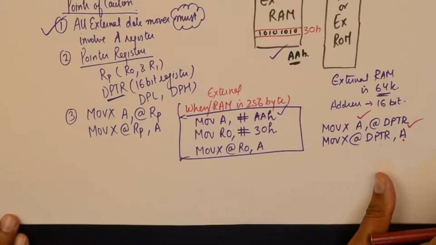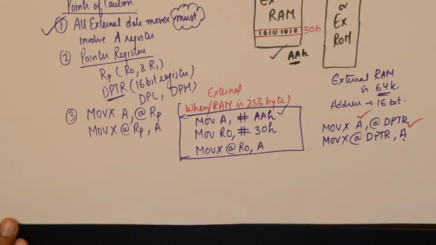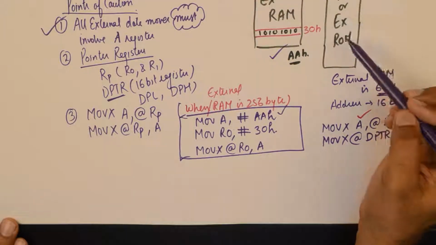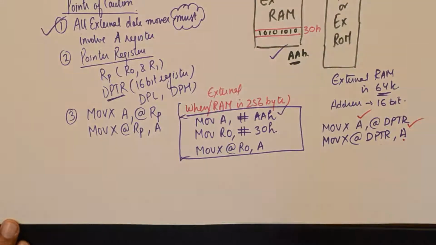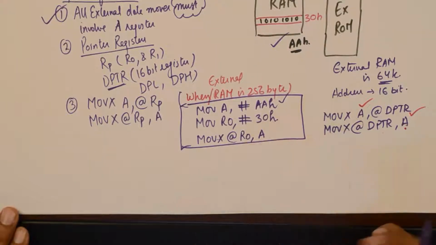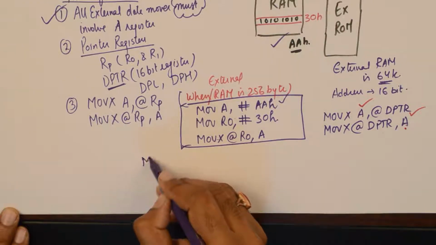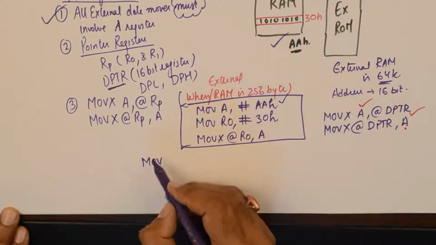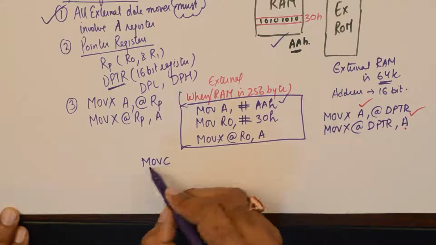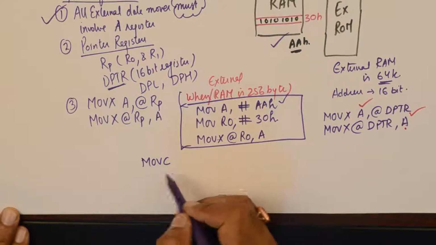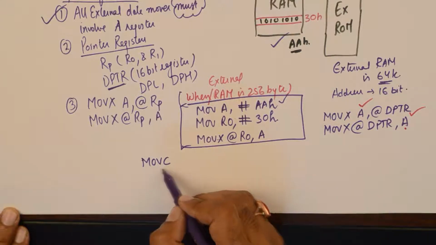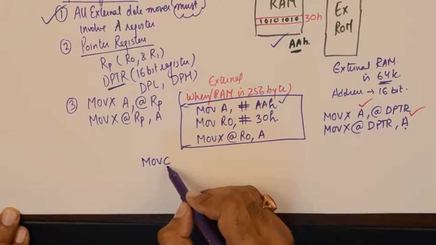And finally, we have the case of internal and external ROM, where the only possible instructions are reading instructions. So the only possible instruction is MOVC. This has taken its origin from C standing for code.